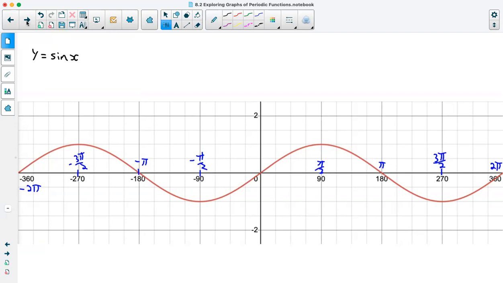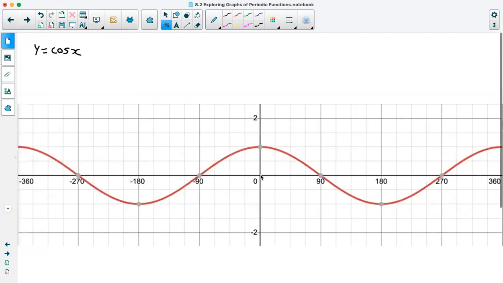Now our graph of cos x looks almost identical, except our graph of cos x is being shifted. You'll see that on this graph, when x is 0, our y value is 0. With cosine, when x is 0, our y is 1. Now this once again was written in degrees, but we could also do it in radians.